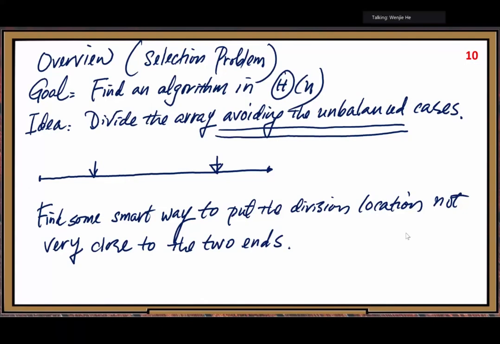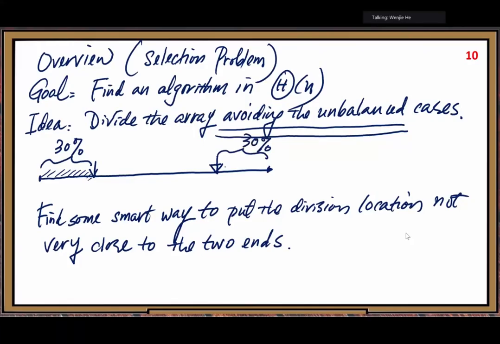So that algorithm, for the left end, near the left end, avoid 30%. Right end also 30%. Okay?